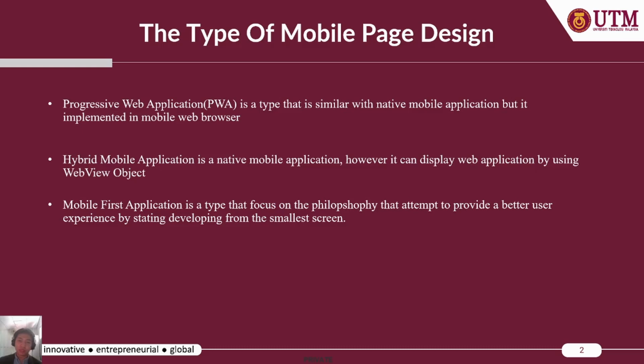Mobile first is a philosophy that attempts to provide a better user experience by developing the mobile web from the smaller screen to the bigger screen. So if we are developing based on mobile first, we develop from the mobile interface, and then grow to the tablet interface, and lastly to the desktop interface.